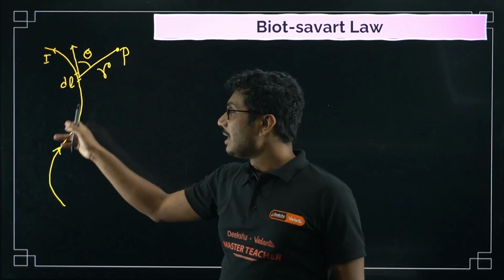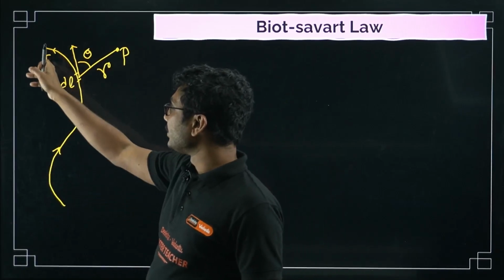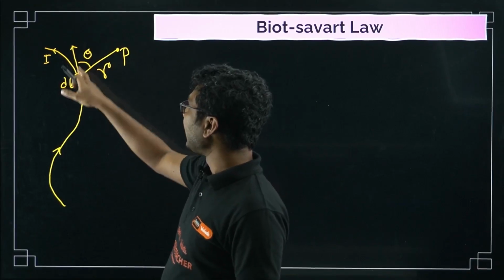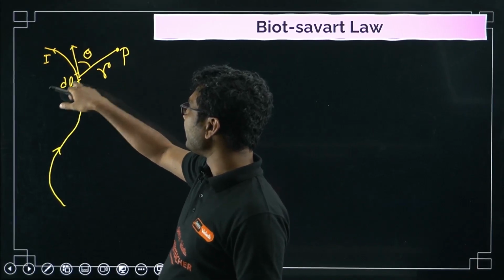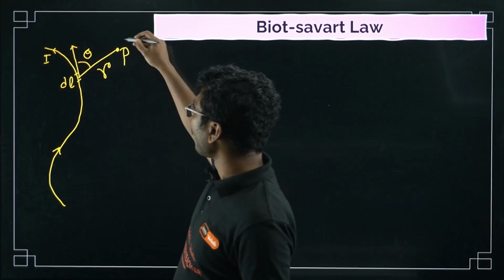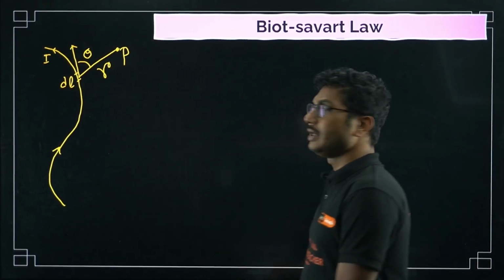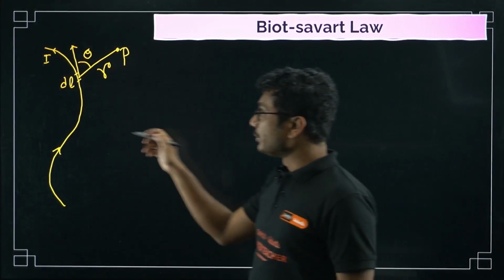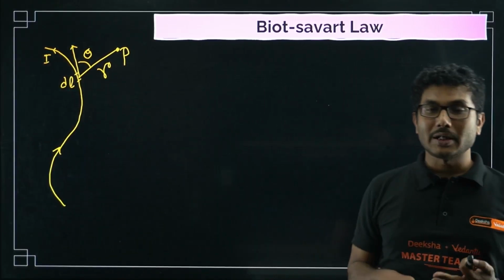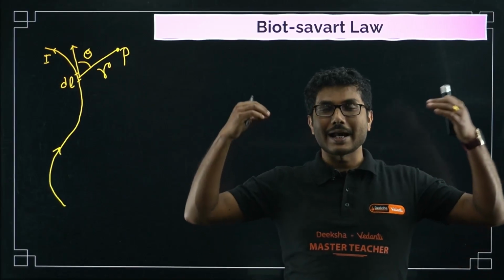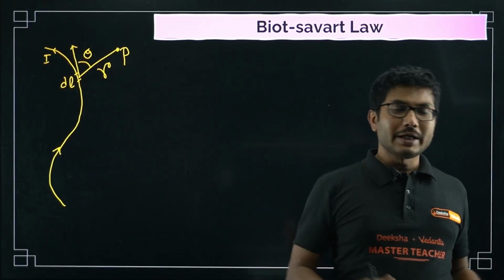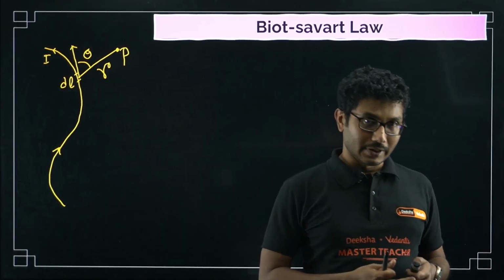So we have current I passing through this conductor. There is a small current element dl, and the angle that this current element makes with the radius vector is theta. This is the point where we are trying to find the magnetic field due to this current carrying wire. So far, we had a current carrying wire or a moving charge that is already moving in a pre-existing magnetic field, right?